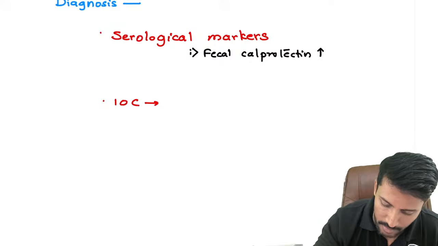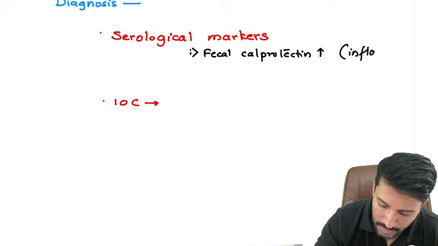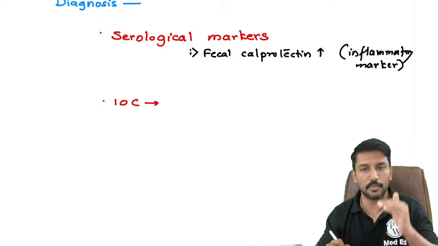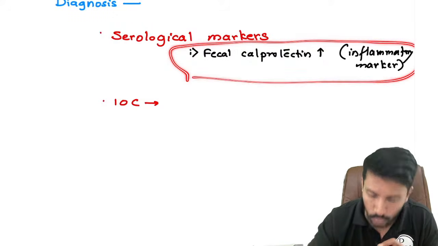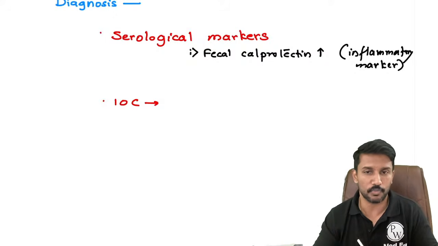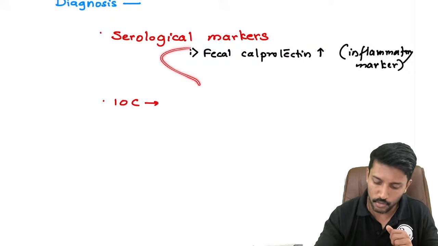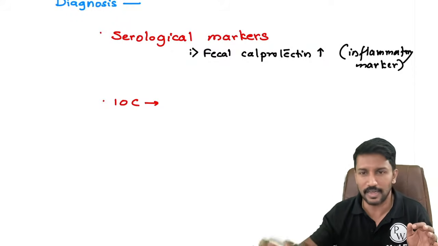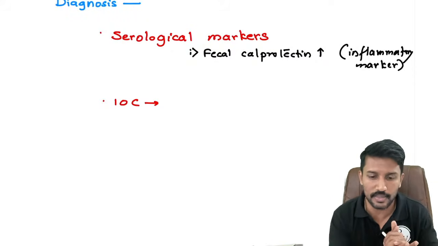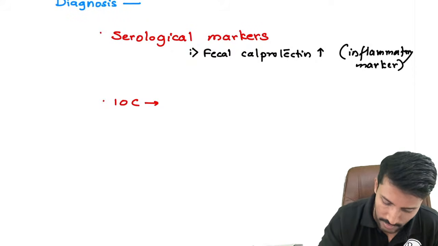It's an inflammatory marker, so if it's an inflammatory bowel disease, fecal calprotectin will be elevated. This is one investigation that we generally do whenever we are suspecting irritable bowel syndrome, because I want to rule out IBD. If it turns out to be normal, then IBD is a little unlikely. I'm now more leaning towards IBS as a diagnosis, right?